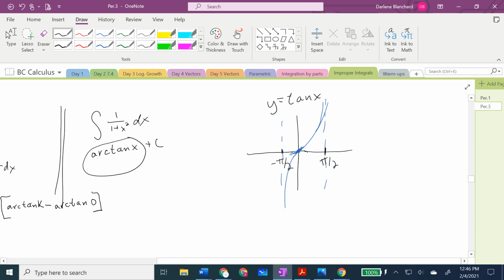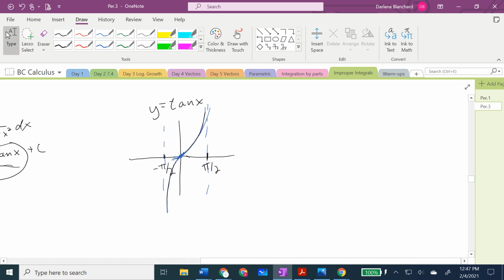It's also important that you're aware that the inverse tangent as a function only uses this portion of the tangent graph as the inverse. Inverse tangent uses the negative pi over 2 to positive pi over 2, just like sine and just like cosecant, sine's reciprocal. All of them only use negative to positive pi over 2.